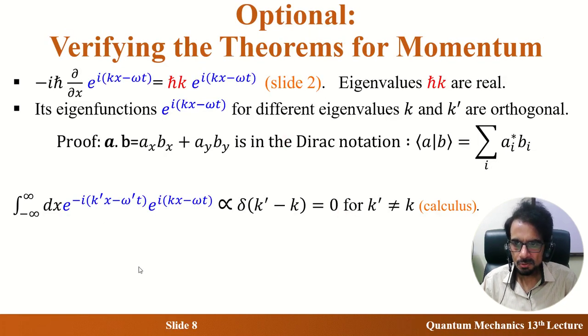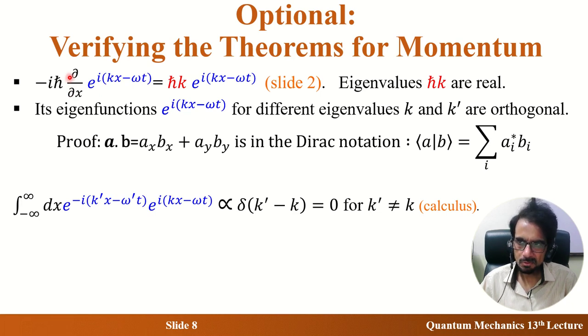Can you recall the three theorems we learned? The first theorem is that eigenvalues of a Hermitian operator are real. I can only state it, I don't have time to give you the proof. The proof is in the same book, Zettili, or in any other standard quantum mechanics book, that the momentum operator is Hermitian.